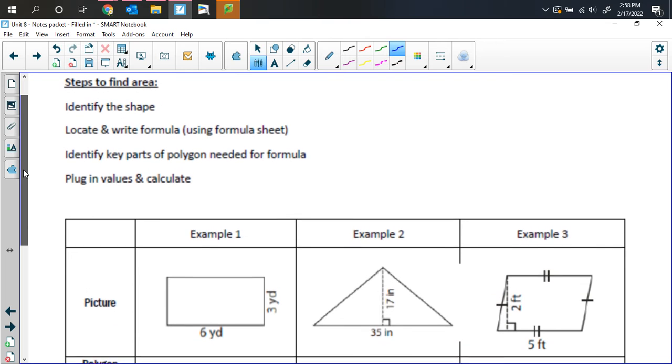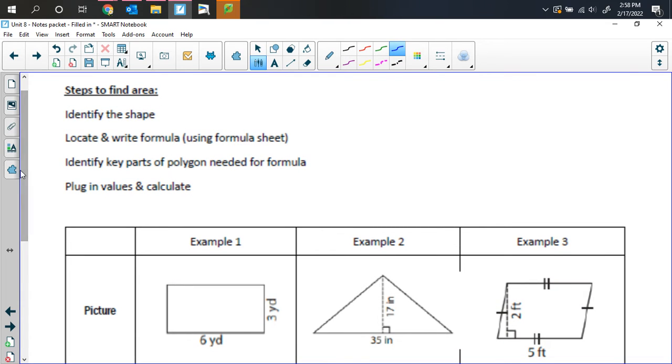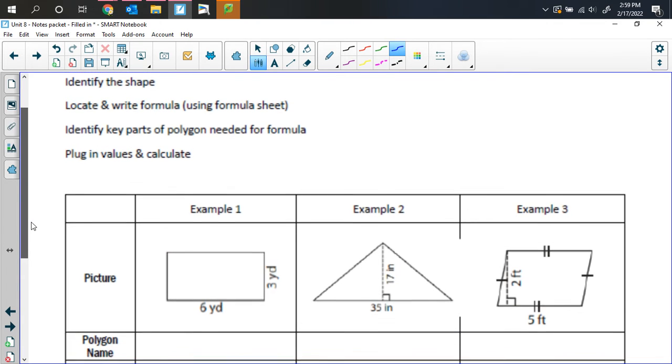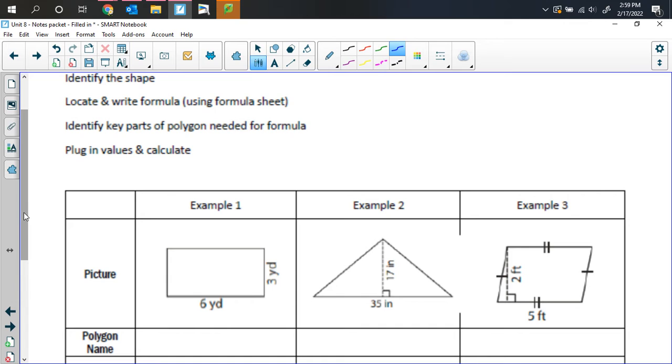Taking a look down below, steps to find area: you're going to identify what shape you're working with, locate and write your formula using your formula sheet, identify the key parts of the polygon that are needed for the formula. So different shapes have different key parts. If you're looking at your formula sheet, our circle has what's called a radius. Our triangle has a base and a height, and the base and the height are perpendicular to each other. A square has s, which stands for the side.